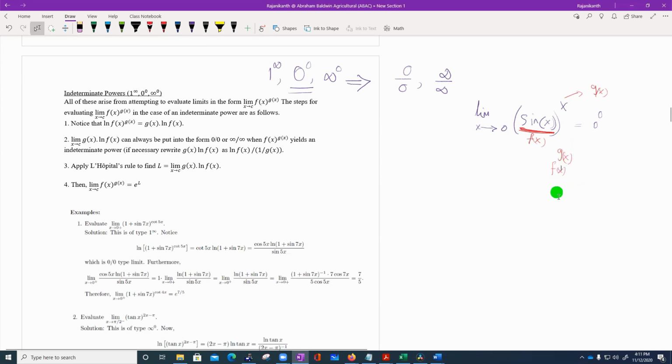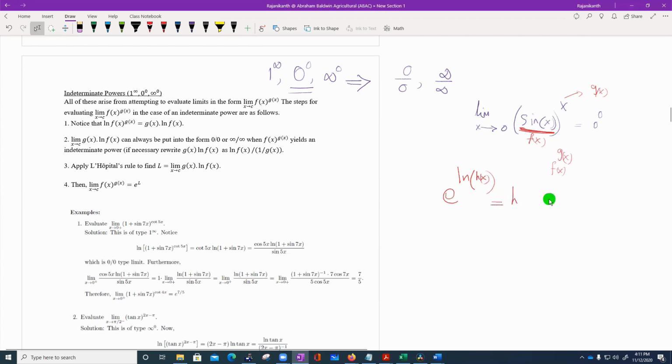Okay, remember last time I told you e to the power ln of any function here. I already used f and g here, so let me use a different function. e to the power ln of some function h(x) is always going to be what?